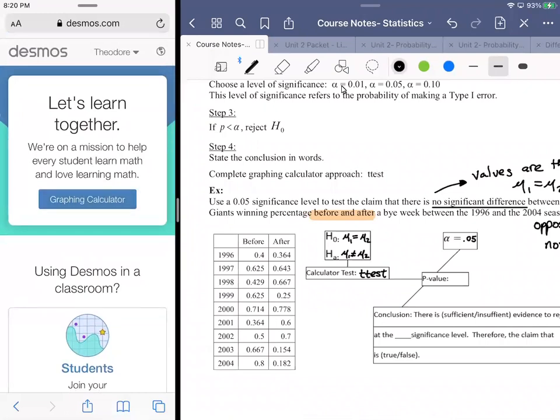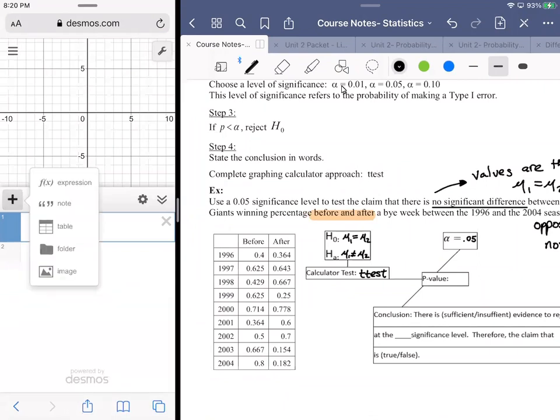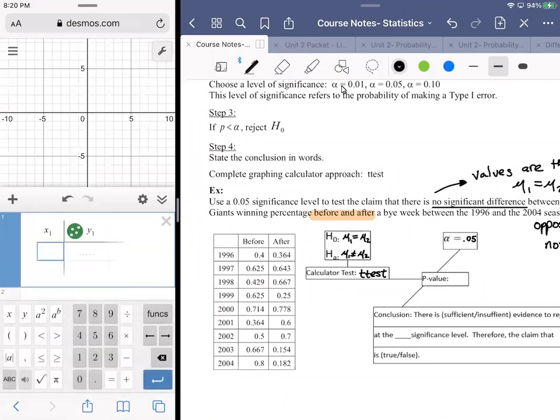Right, so let me get the calculator up here. First I'm going to input the data. We don't need the years. So for a table, I'm going to do 0.4, just get all the values in. 0.714. Oh, too many decimal points.